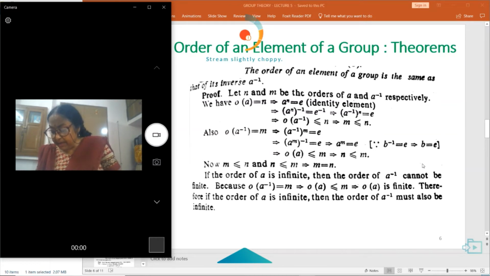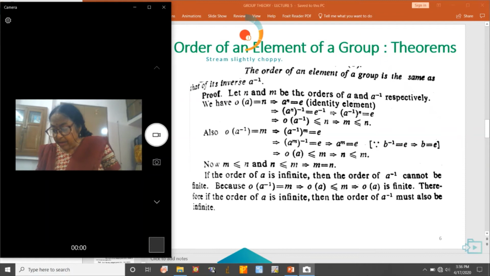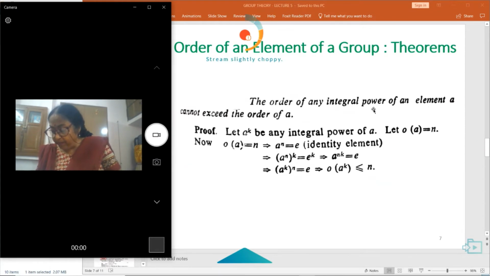Now take another example. The order of any integral power of an element A cannot exceed the order of A. Let A^k be any integral power of A, and we know the order of A is equal to n.